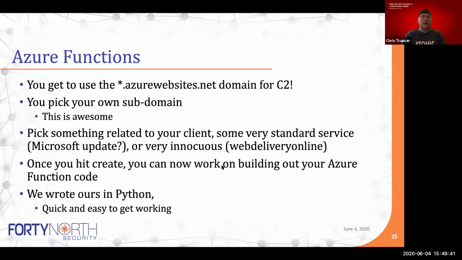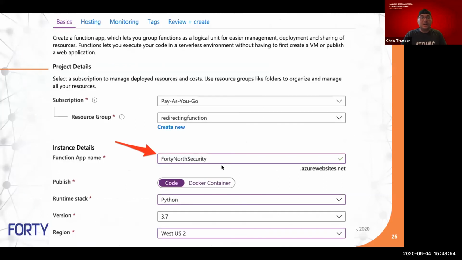In our case, like I said, I like Python. We chose to use Python because most people seem to be able to understand it or play with it at some point. So let's look at it. Again, here's where we're selecting that subdomain that we're using, and the languages are down here.